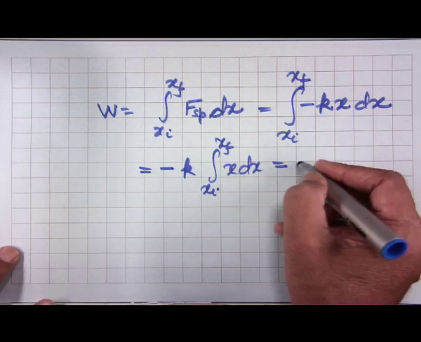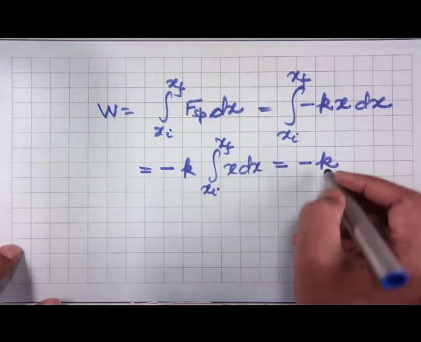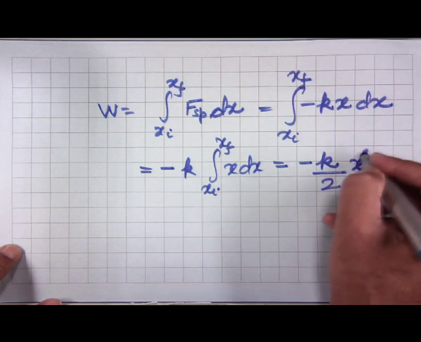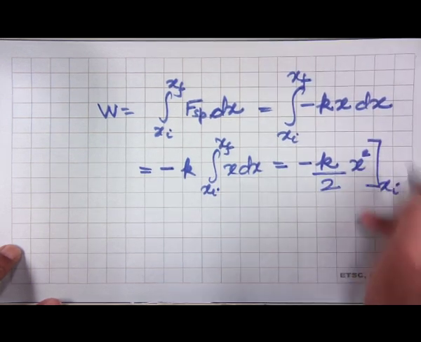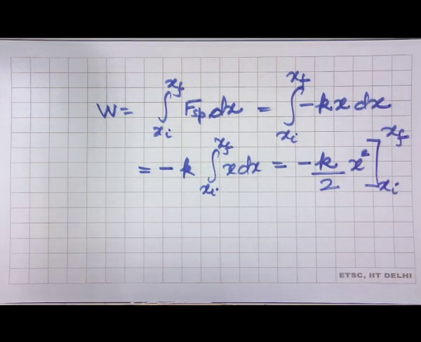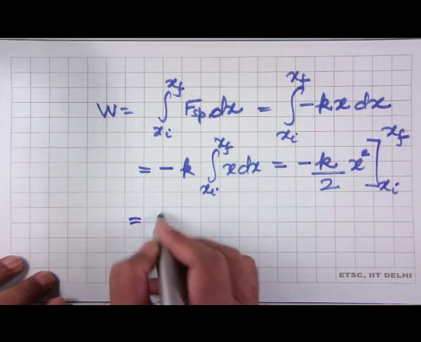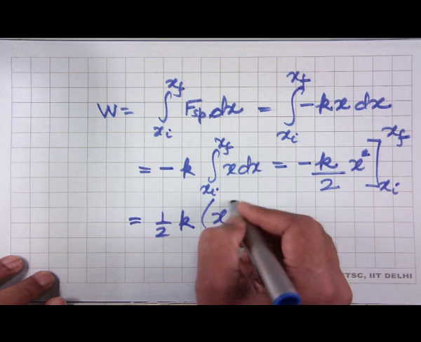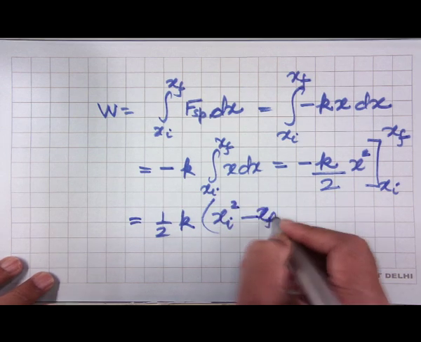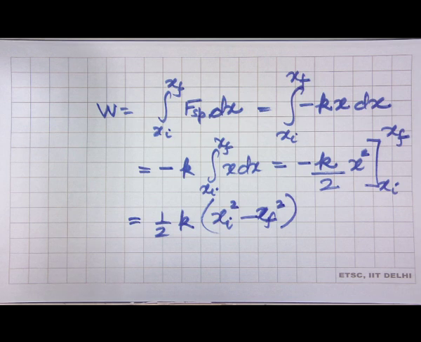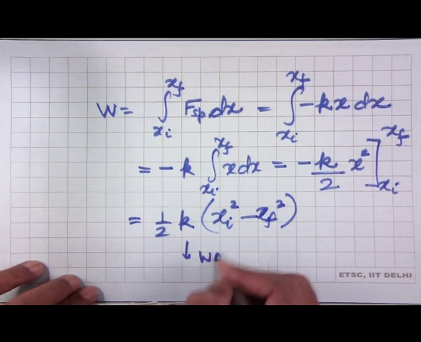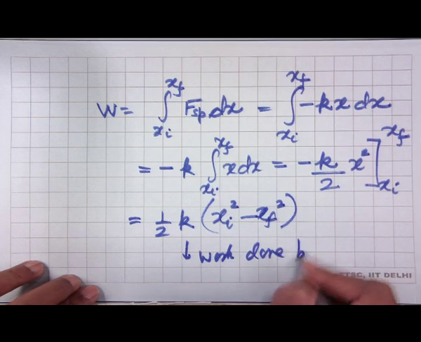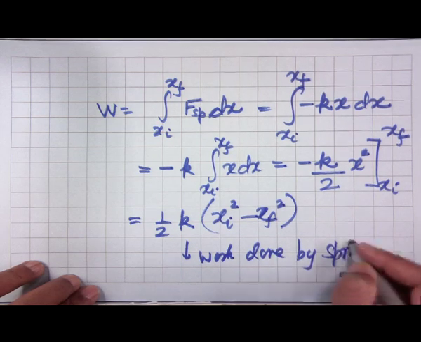So, this will be equal to minus k by 2 times x square from xi to xf, and this becomes equal to finally half k times, because of the minus sign, xi square minus xf square, and this is the work done by the spring.